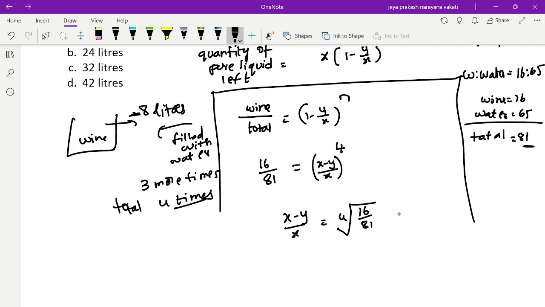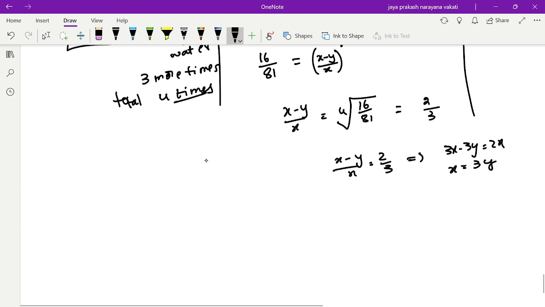The fourth root of 16 is 2 and the fourth root of 81 is 3. So x minus y by x equals 2 upon 3. So 3x minus 3y equals 2x, where x equals 3y. So I got the ratio y by x as 1 upon 3, where x is the wine and y is the replacement.